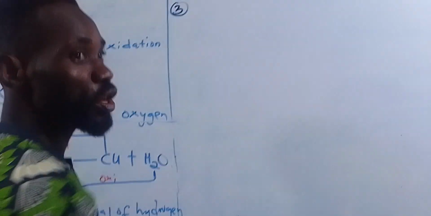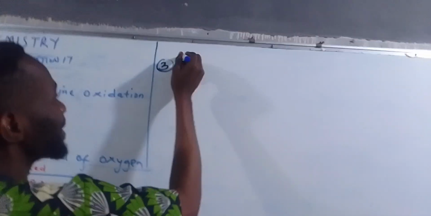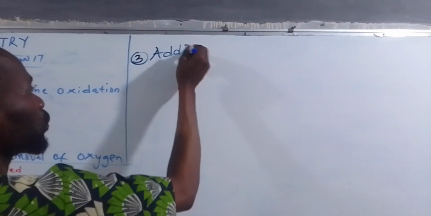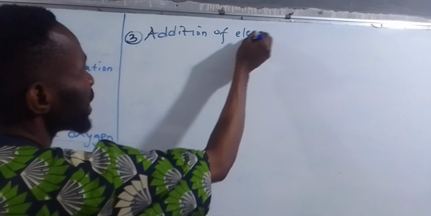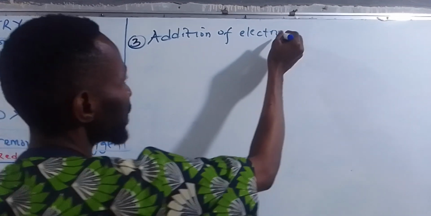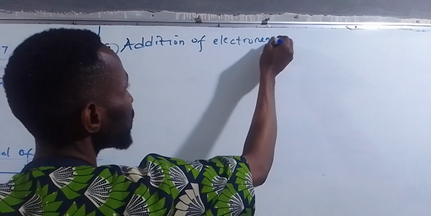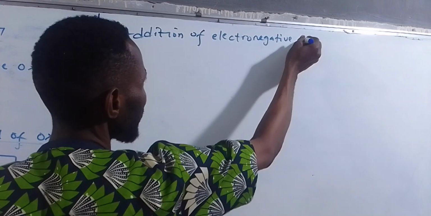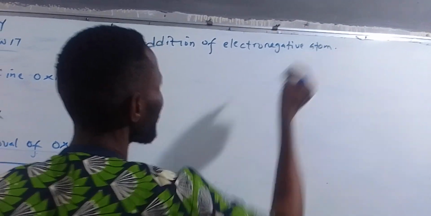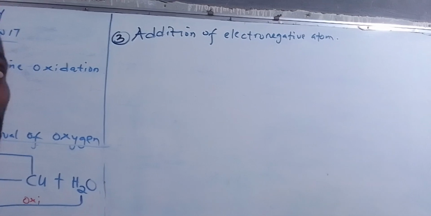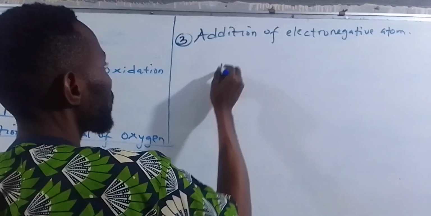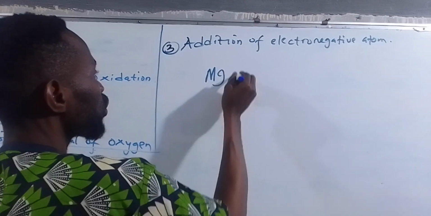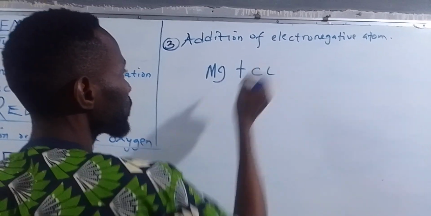Number 3 definition, let's quickly take a look at number 3. In number 3, we are going to take a look at the addition of electronegative atom. Now, let's take a look at the reaction between magnesium and chlorine.